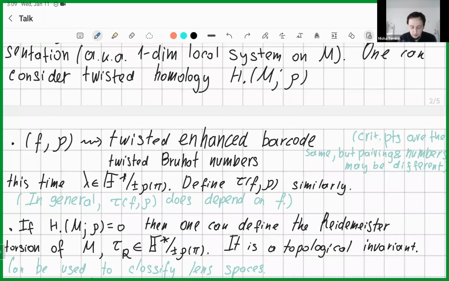It should be a topological invariant, so invariant under homeomorphisms, but finer, and Reidemeister torsion is an example of such an invariant.